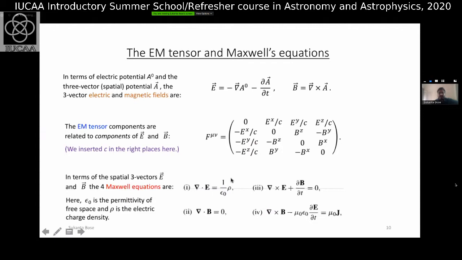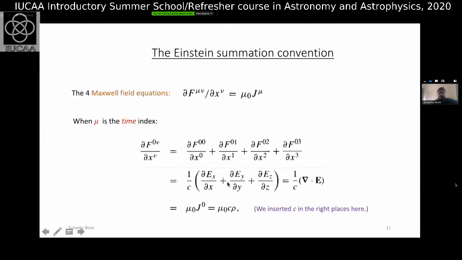But 1 over c, when taken to the other side, will give you c in the numerator. And c, right. So this quantity is mu 0 j mu, right? But j0 itself is c times rho.